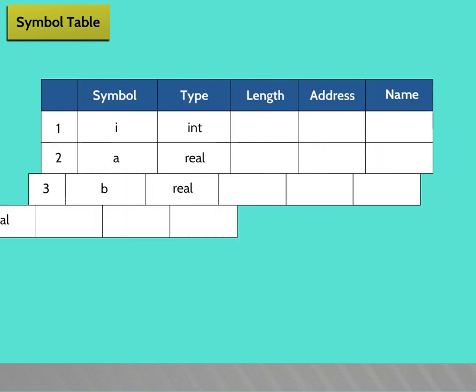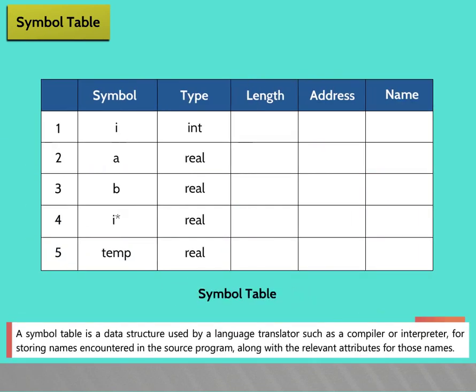Symbol table. A symbol table is a data structure used by a language translator such as a compiler or interpreter for storing names encountered in the source program along with relevant attributes for those names.